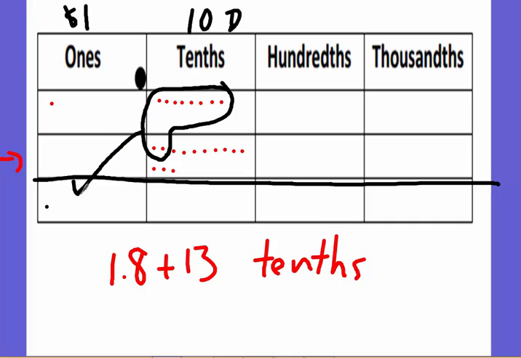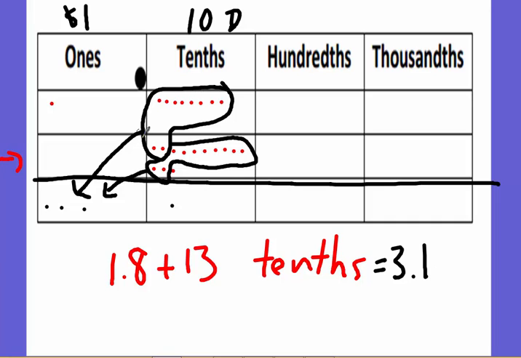So it's going to be moved over here. So I have another one. And then let's check. I have 1, 2, 3, 4, 5, 6, 7, 8, 9, 10. So here's another group of 10 that I'm trading. So I have 3 ones, and there's this 1/10 left over. So my answer is going to be 3.1, or 3 1/10.